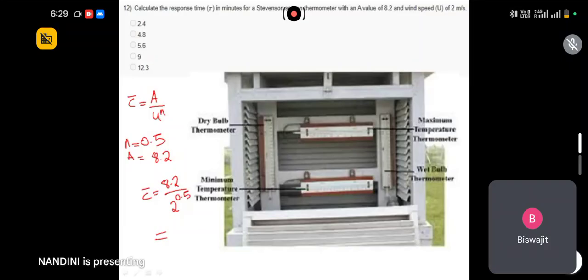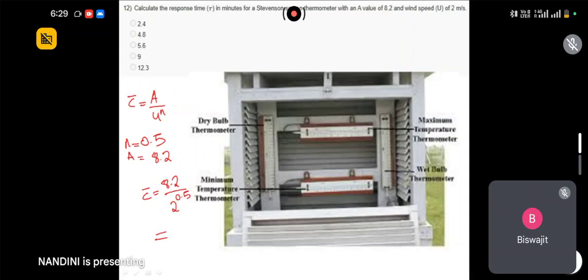I think the options are given in minutes. 4.1 second. We need to find the answer in minutes actually.